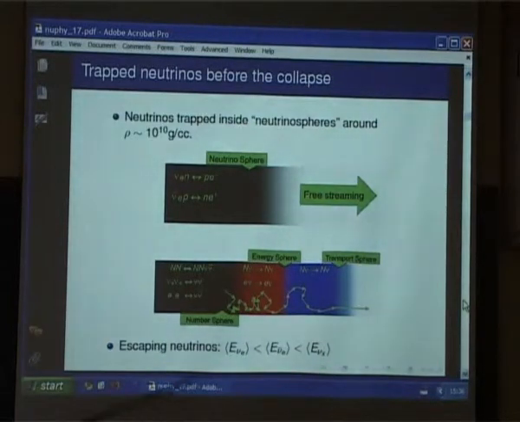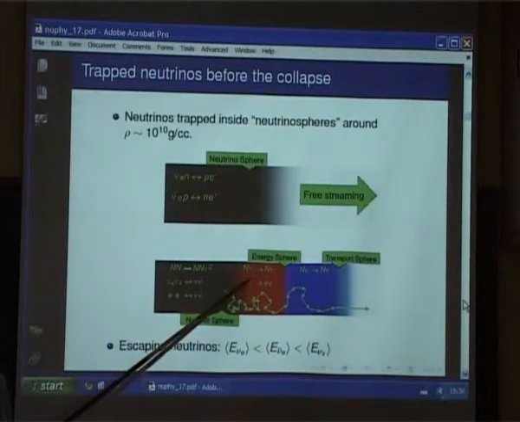So for example, a nu nu bar pair can produce e plus e minus, or a nu bar can hit other nucleons and get something else. This is called nucleon bremsstrahlung, where two nucleons hit against each other and make a nu nu bar pair.